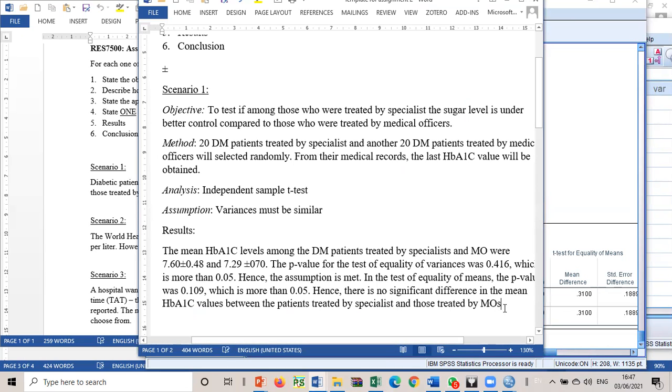Conclusion, we'll follow the objective to test among those treated is it better.